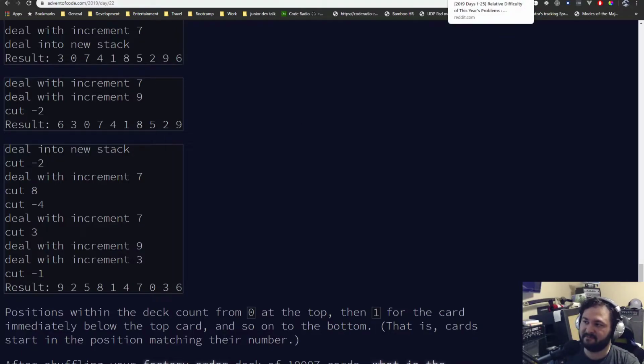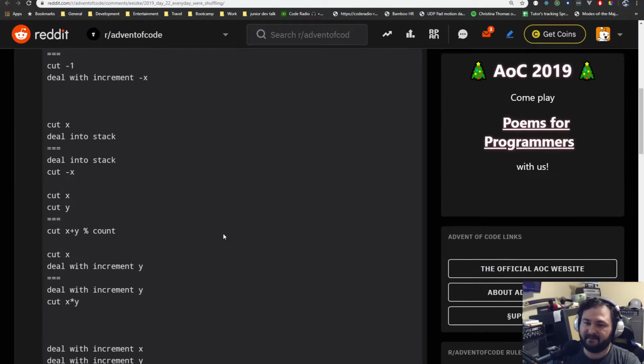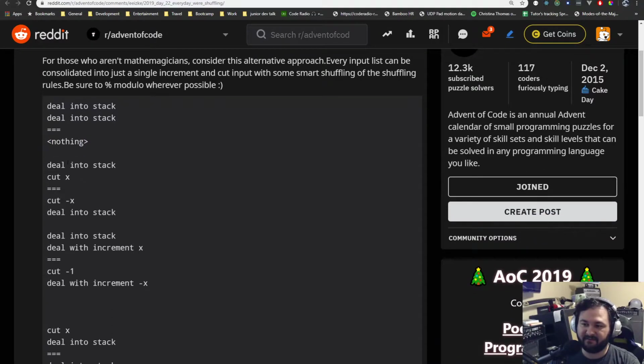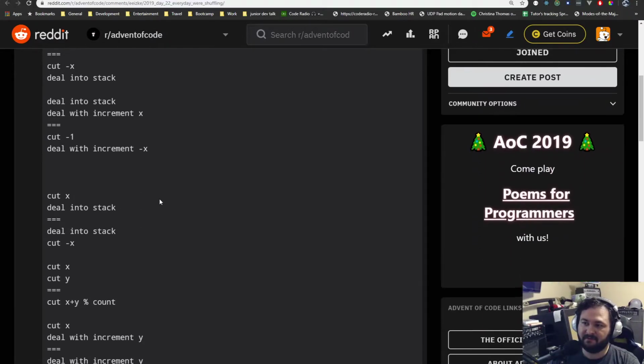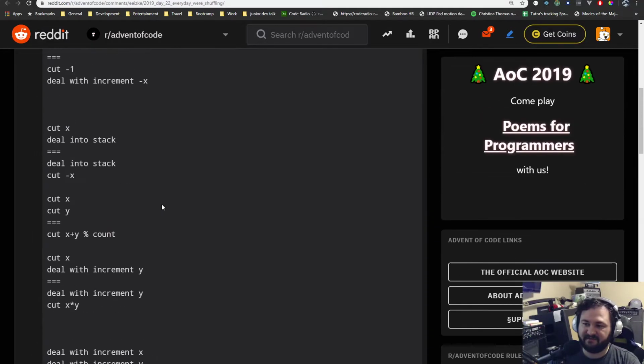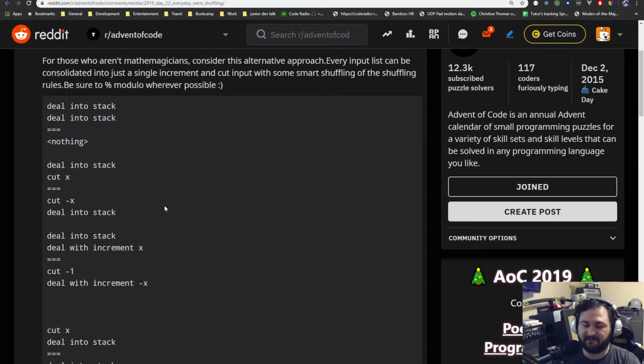I don't know if I have that pulled up. Here's one of them. Somebody came through and showed a logical way to do it. If you deal into a stack, that's reversing the list. If you reverse it twice, you don't have to account for anything. They're saying if you can boil these down, basically you only have to worry about multiplying a position by a number, or adding an offset to that position.